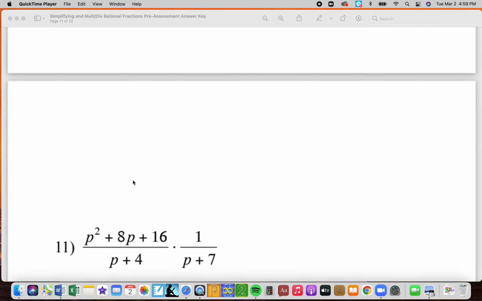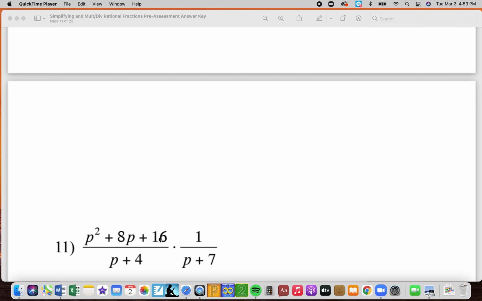Number 11 is multiplying two fractions, but they have yet to be factored. So we'll start in each position and move around the fraction to see what we can factor. The only thing we can factor in this fraction is that top left part.